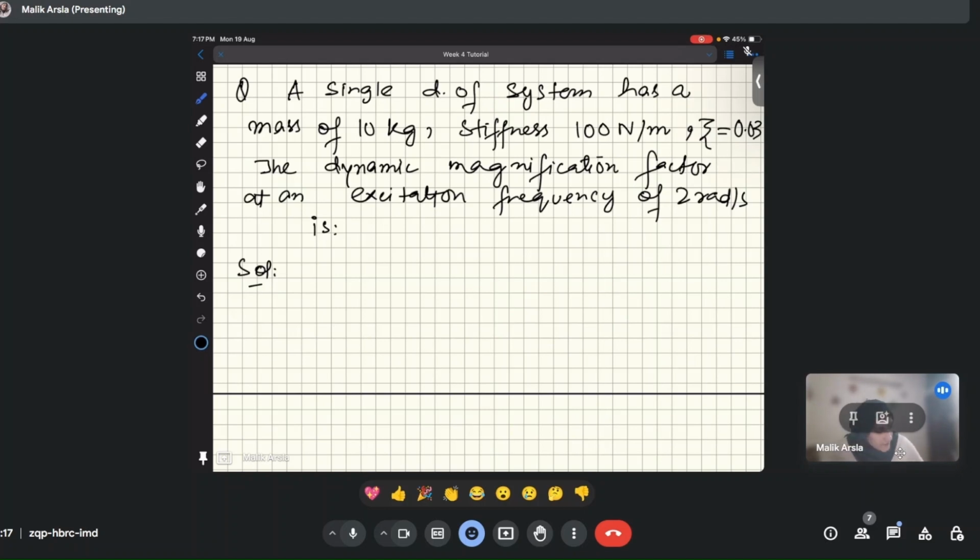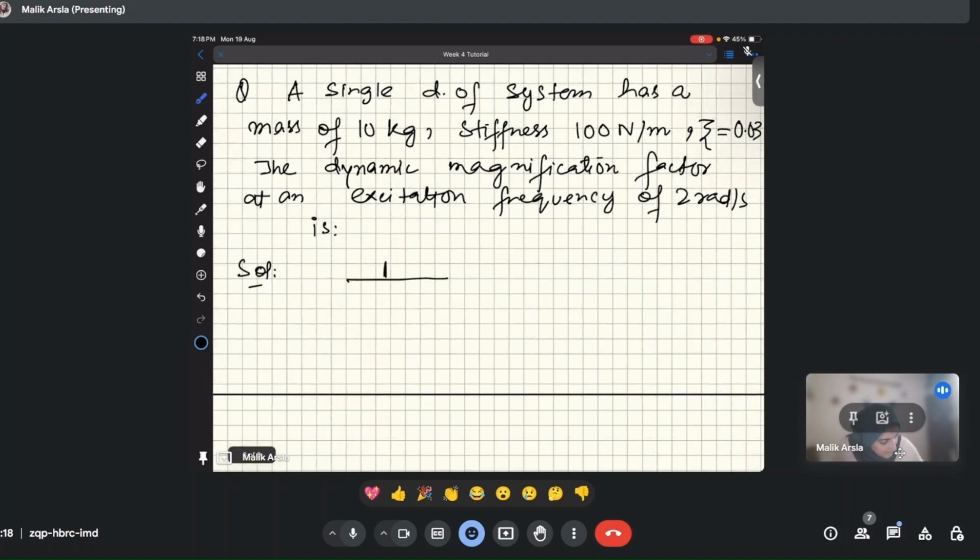See, you remember the formula, right? For dynamic magnification factor, it's under root of (1 minus r square) whole square plus (2 zeta r) whole square. Again, zeta has been given, r you have to find out. So r is what? Omega upon omega n. Omega is given, it's 2 radians per second, and omega n is under root of k by m, so it will be under root of 100 by 10, which is under root of 10.